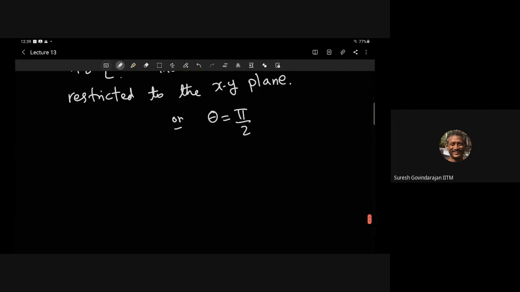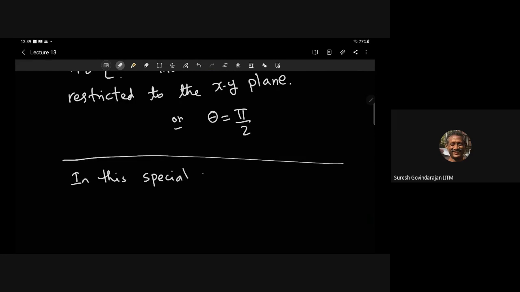Now you can see that the equations of motion in this special choice only have two variables to play with, which are r of t and phi of t.